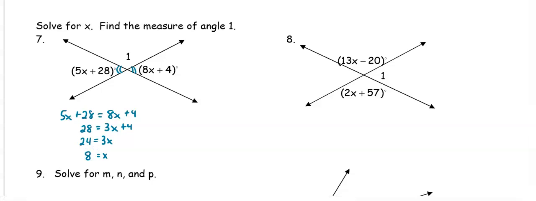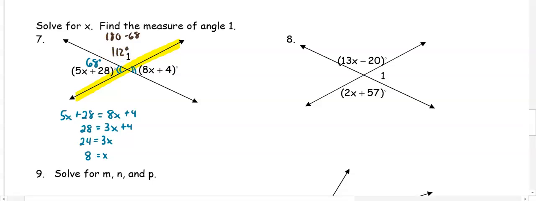Once we know x is 8, we can substitute into either angle. So I'm going to do 5 times 8 plus 28, and I get 68 degrees. So then to find angle 1, I can use my straight line, and I can subtract from 180. So 180 minus 68 will get us 112 degrees.